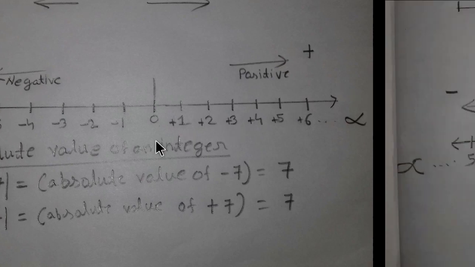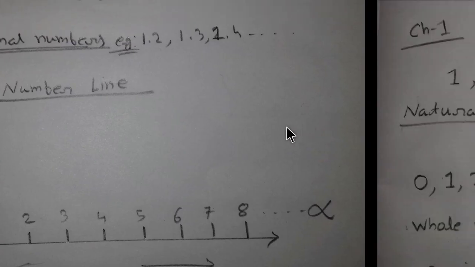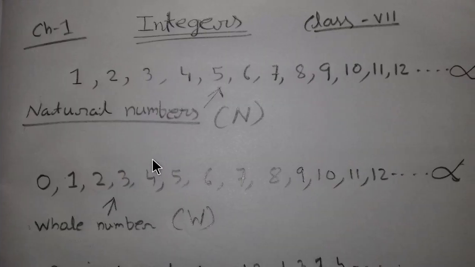So let's have a recap once. I have told you about natural numbers and whole numbers. There is no matter of sign, as these are all positive, and 0 is not a positive or negative number.